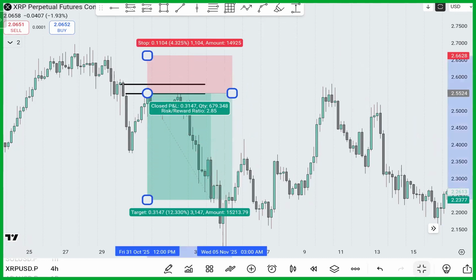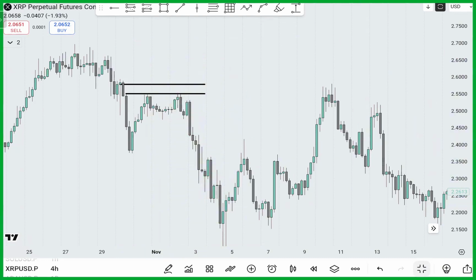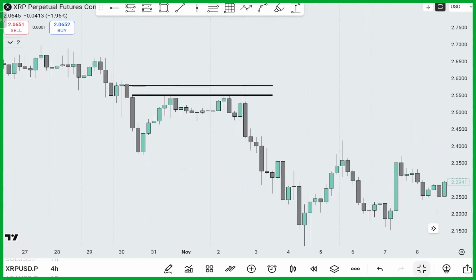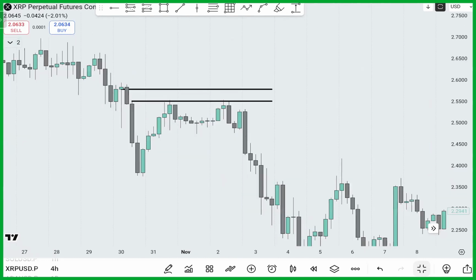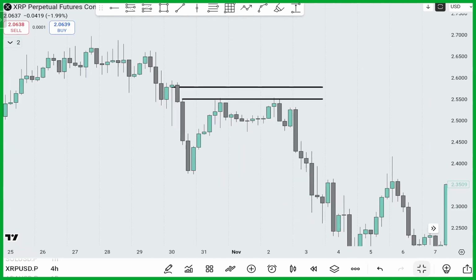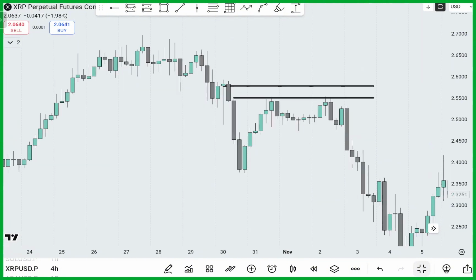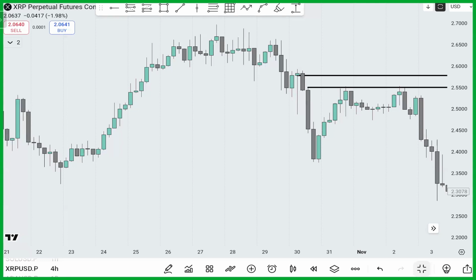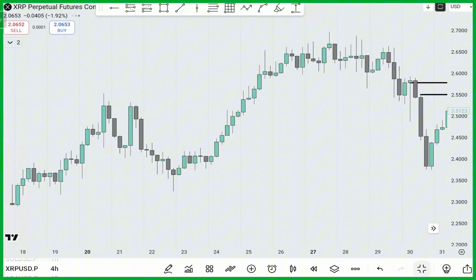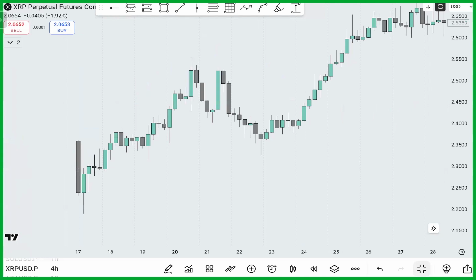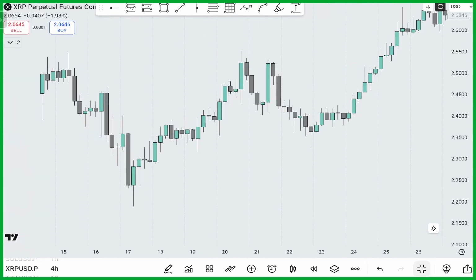I'm going to show another scenario of redelivered rebalance. I want to train your eye to see how, even, I want to look at the bullish redelivered rebalanced.